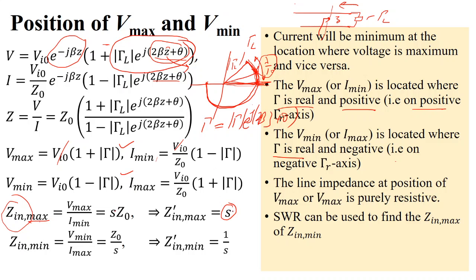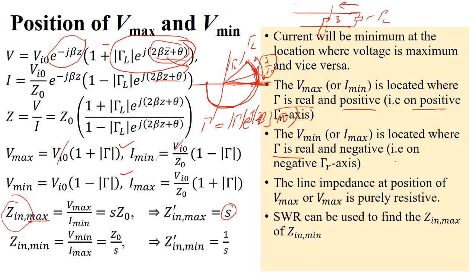Because S is real, this becomes a resistive load. So where the peak voltages or maxima occur, the load becomes real. On this line, the load will always be real.